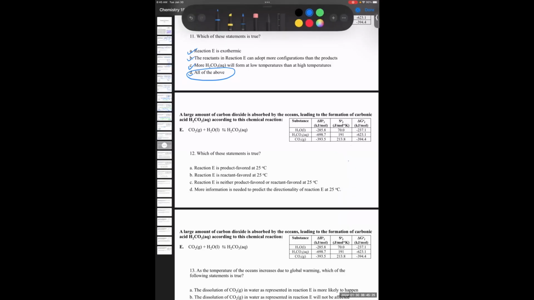Let's see. Delta H for this reaction is products minus reactants. Product is H2CO3, which is minus 698.7 kilojoules per mole. The moles cancel out because this is 1 mole. Then minus the reactants: CO2 is minus 393.5, plus H2O, minus 285.8.